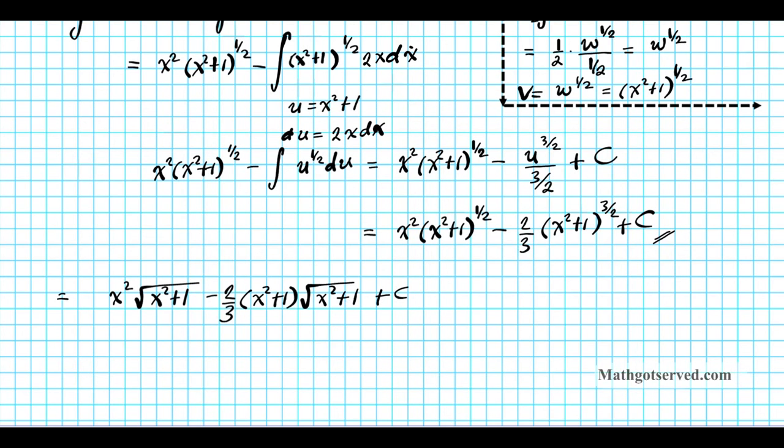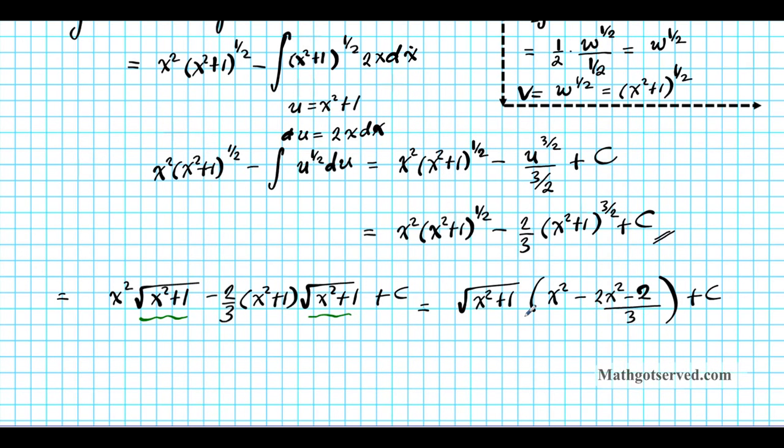Now we can factor out the square root of x squared plus 1. Let's go ahead and do that. Factor out that radical piece. So we have the square root of x squared plus 1 times x squared minus, you can distribute this negative 2 to the numerator, we have minus 2x squared minus 2 over 3, plus c. And then we can find the LCD here.